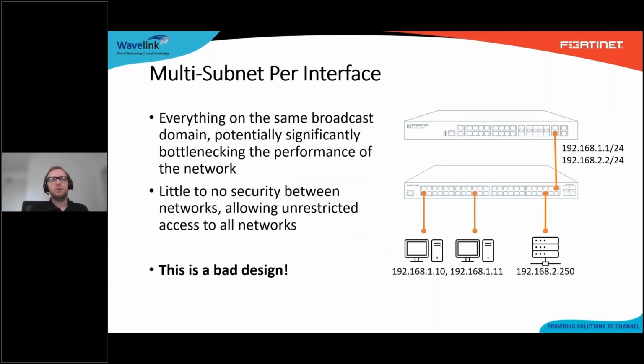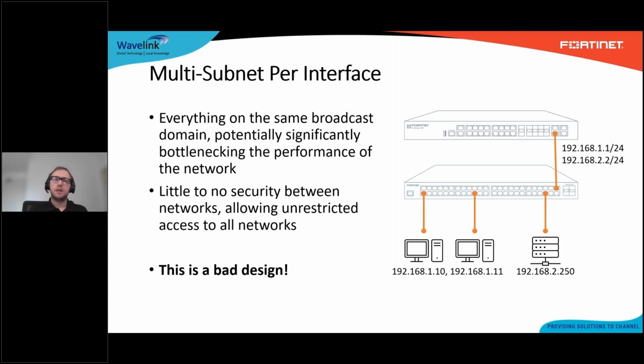Let's jump a little bit further into that first one that we talked about, which is the multi-subnet per interface or flat network design. So with this design, there are multiple IP addresses for the network that are used within a single broadcast domain, typically coming off of a single interface on your router, or sometimes in some network designs we see multiple interfaces connected down into just a straight flat network.